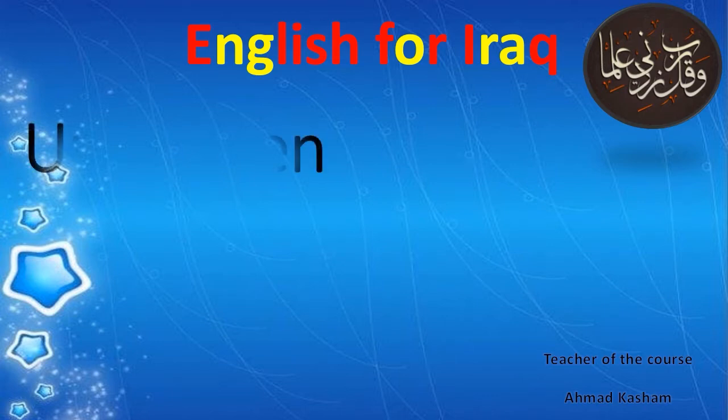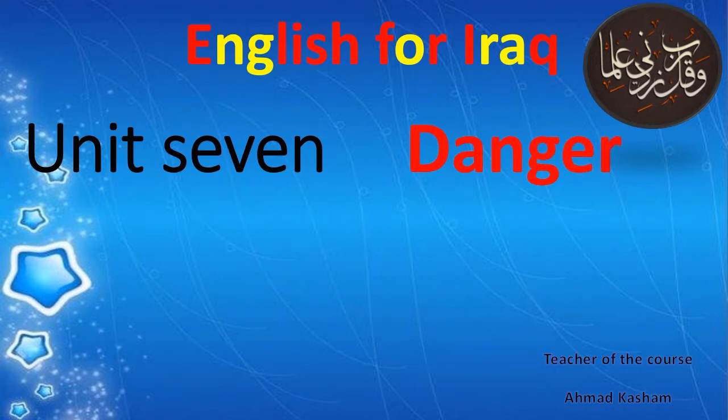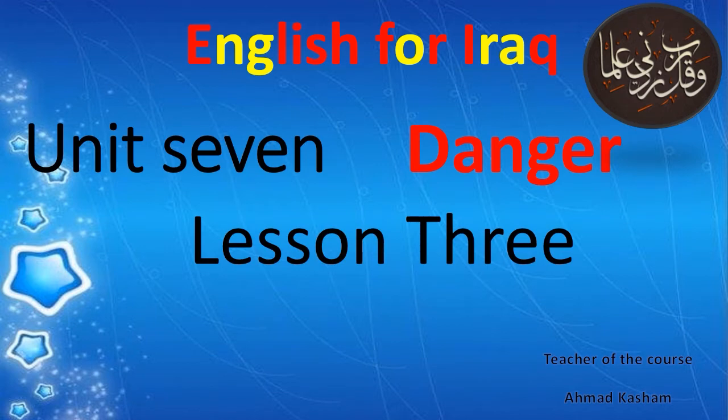We have already started with Unit 7, as we learned about danger and about how to avoid dangerous situations. In the previous lesson, we started giving warnings to children, and today in the third lesson, we will learn how to give warnings to parents.